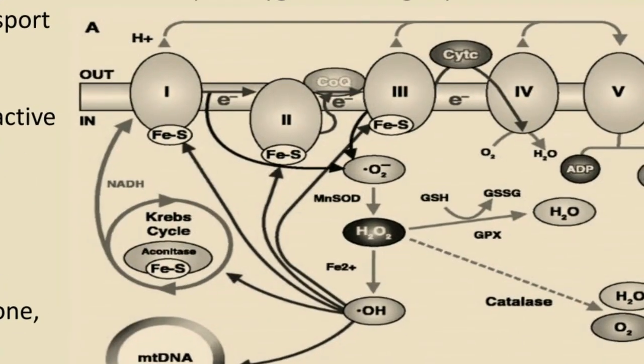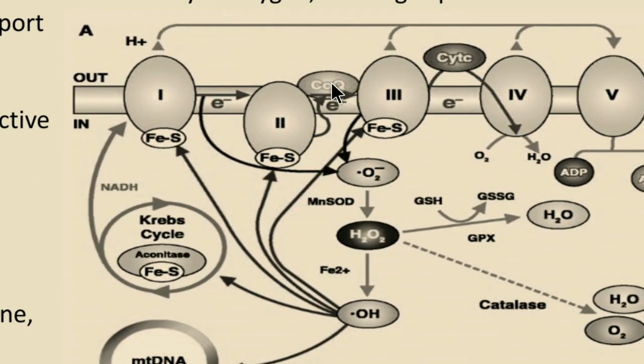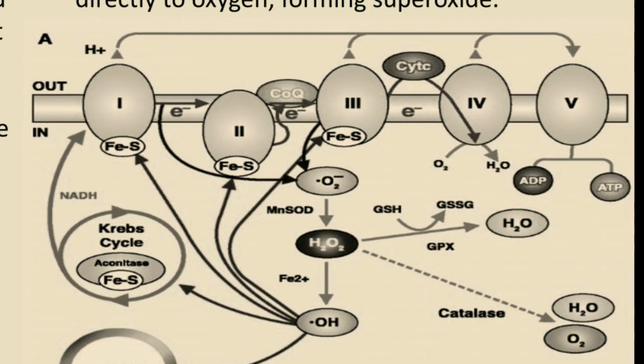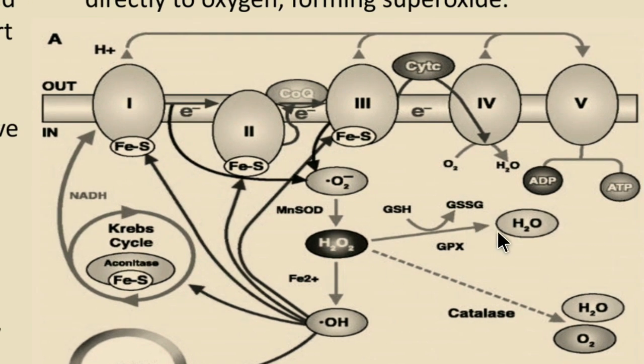Now here, cytochrome 3, coenzyme Q: there will be the release of the superoxide, formation of the hydrogen peroxide, and the metal ion effect, formation of the hydroxyl group, and there will be the reduction by the enzyme, formation of the water, and hydrogen peroxide can also be catalyzed to water and oxygen.